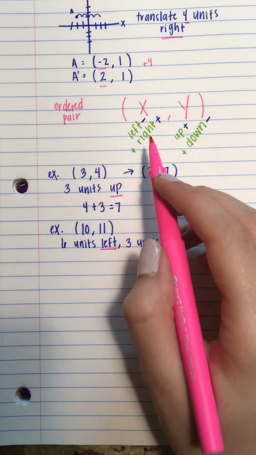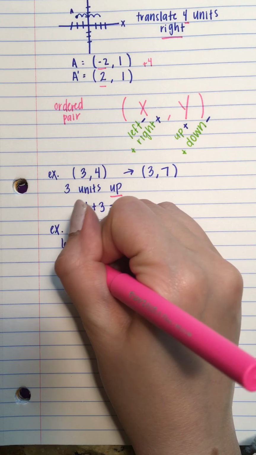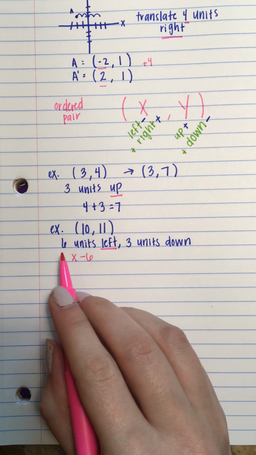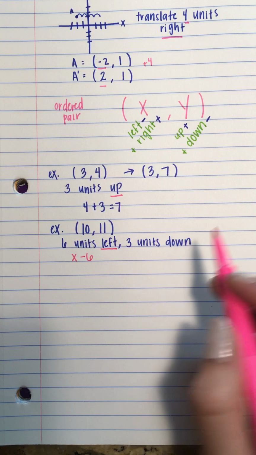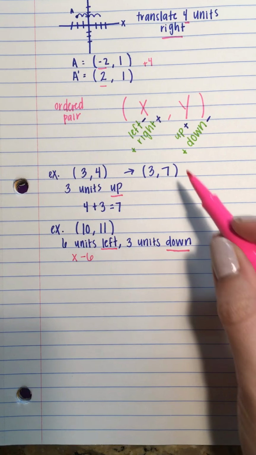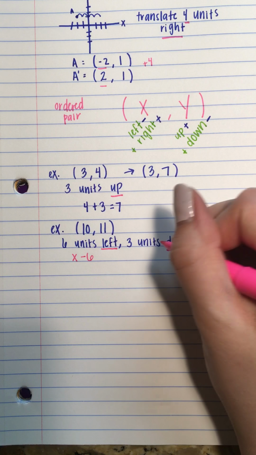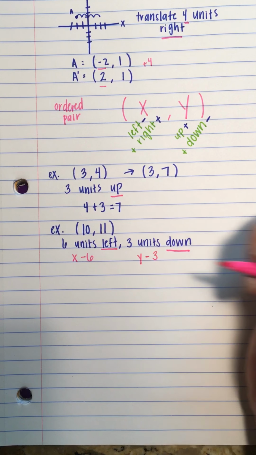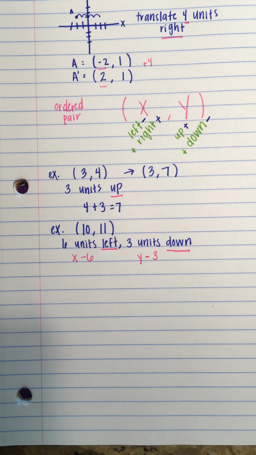Okay, left tells me to subtract. So whatever the x is, I'm going to subtract 6, okay, because of this 6. Now it says 3 units down. Down means we're talking about the y. So I'm going to take whatever the y is. I'm subtracting because it says down, minus 3.